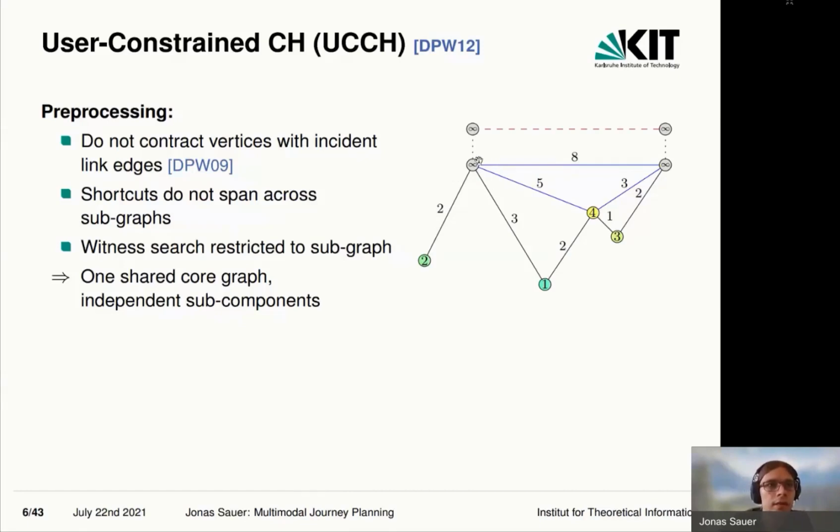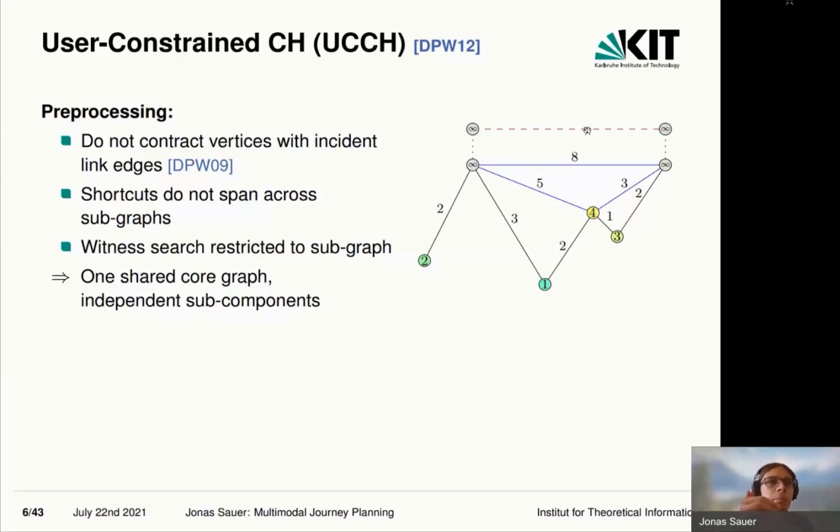So any vertex that is incident to a modal transfer will not be contracted. What that gives us is that we do not obtain shortcuts that span across different subnetworks. So we do our contraction in the road network until we hit a point where we're only left with vertices that we can contract.